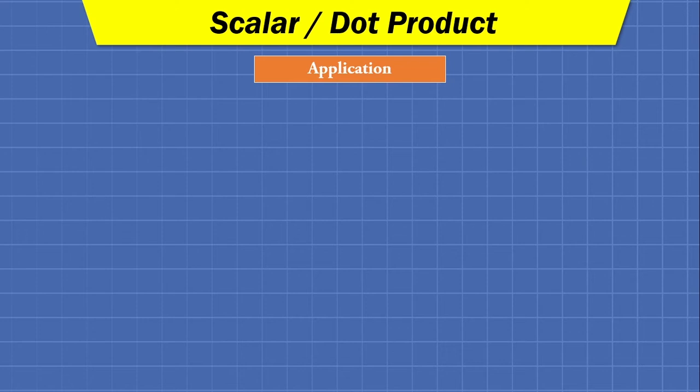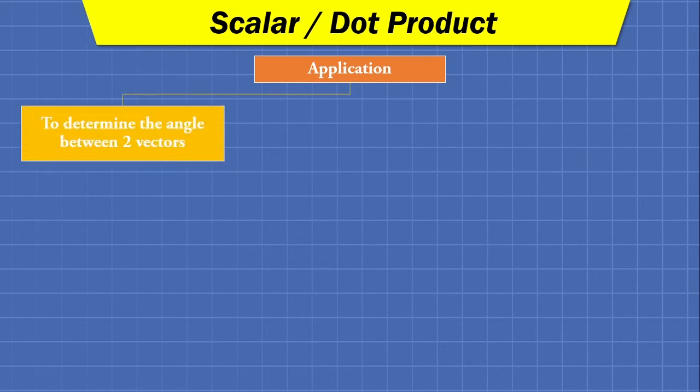now we will see the applications of dot products. Its first application is to determine the angle between two vectors. It is very easy to visualize that if I write a bar dot b bar equals modulus of a bar modulus of b bar cos theta, then this theta is nothing but the angle between a and b.